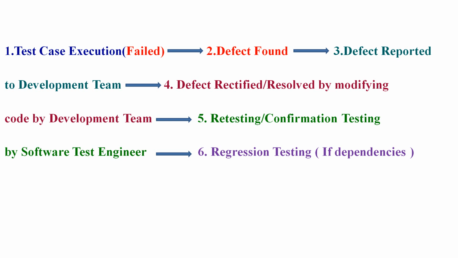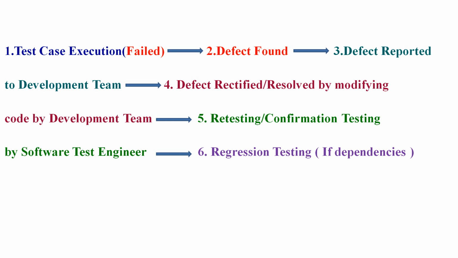He has to confirm or verify whether the defect is properly fixed, rectified or resolved by the developer or not. For this confirmation, he has to do retesting. That is why retesting is also called confirmation testing or verification testing.